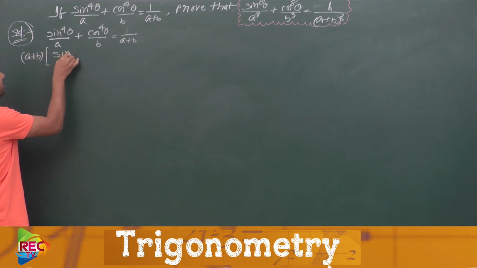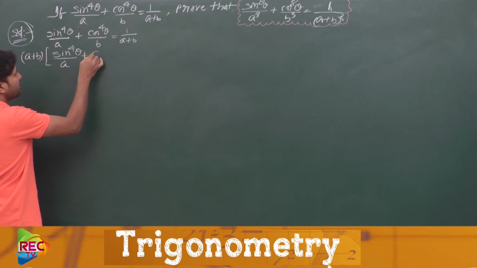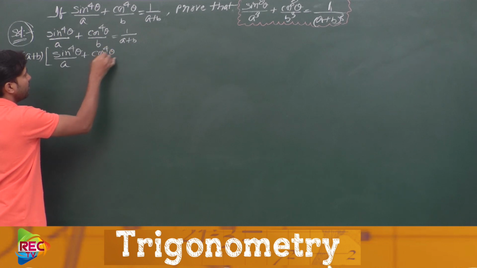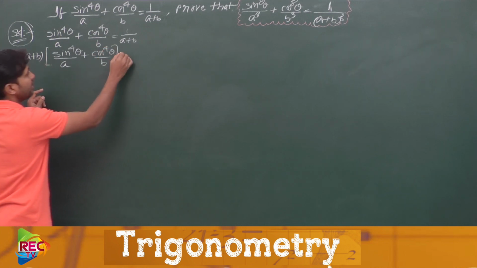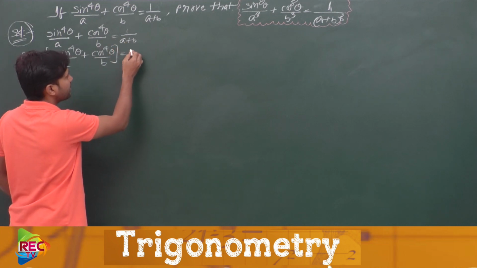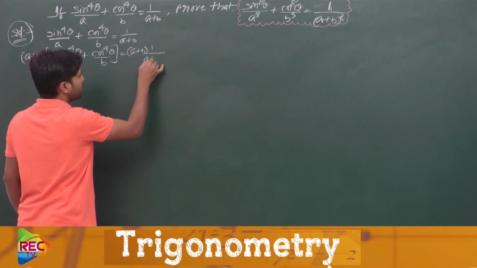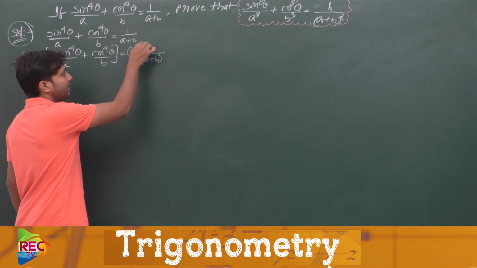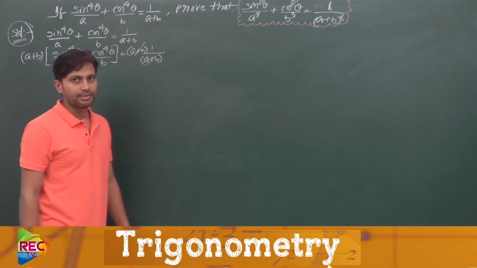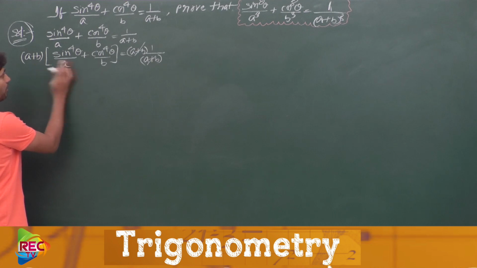What will happen here? sin^4 θ by a plus cos^4 θ by b, multiplied with a plus b on this side. Similarly, we multiply on the other side also: a plus b into 1 by a plus b. Now, as you know, the numerator and denominator have the same term, so we can cancel. So what is the next step?